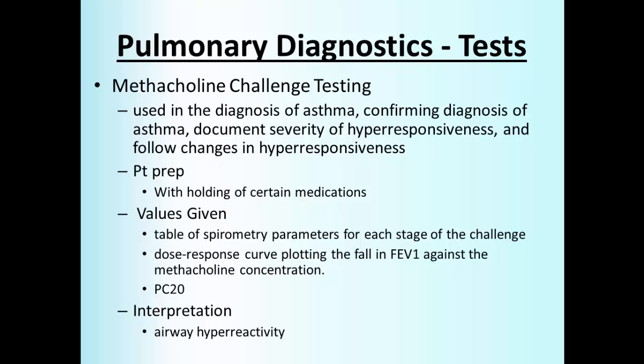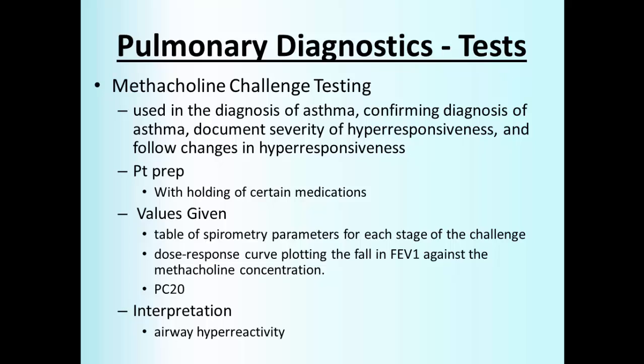Patient prep should include holding of certain medications such as short-acting beta agonists, long-acting beta agonists, oral beta agonists, short-acting methylxanthines, or long-acting anticholinergics, cromolyn sodium, and antihistamines. Withholding of oral or inhaled steroids before methacholine has not been shown to necessarily have an impact, but it may.